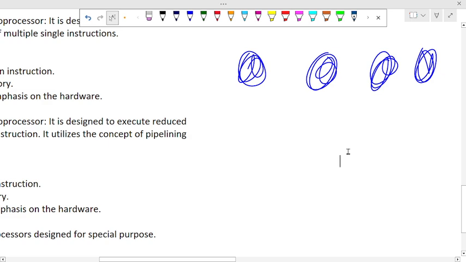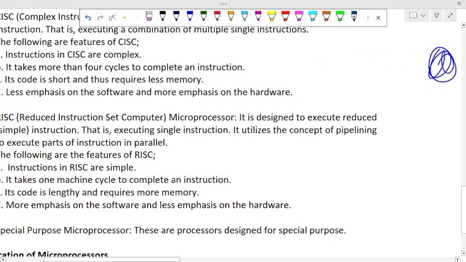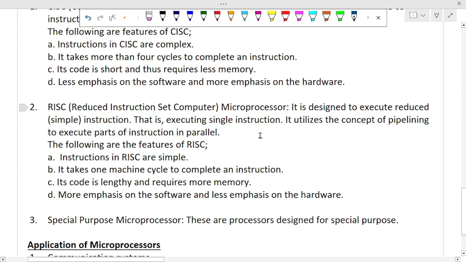But as simple as I can think of it, while an instruction is being executed, the next instruction is being fetched at the same time. So the concept of pipelining gives room for parallel operation, or parallel execution.